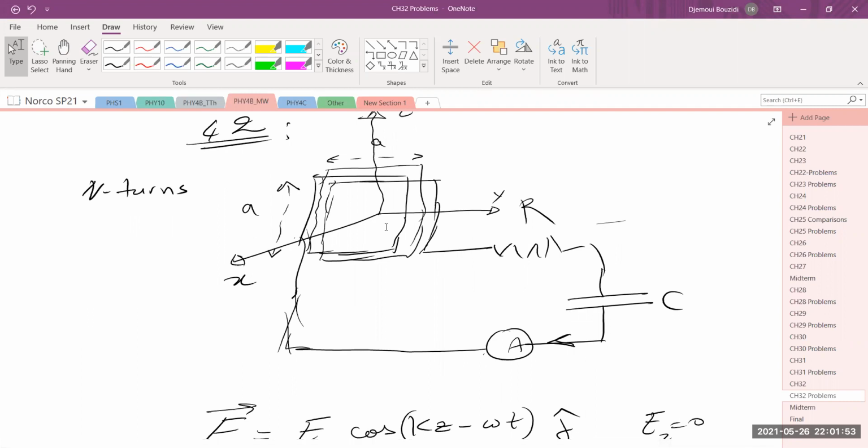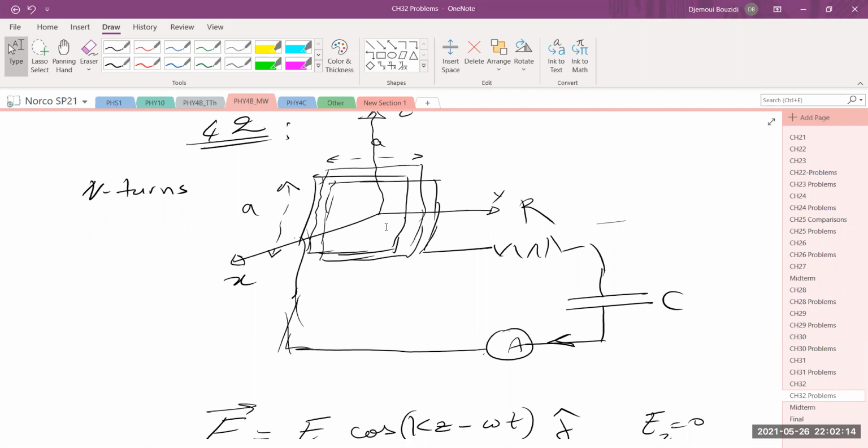Now, the electric field could have components in the X direction, Y direction, or a combination of both of them. The magnetic field could have then, in that case, a component in the Y direction and the X direction, or a composition of them in such a way that both of them still stay perpendicular. So the electric field and the magnetic field stay perpendicular at all times.